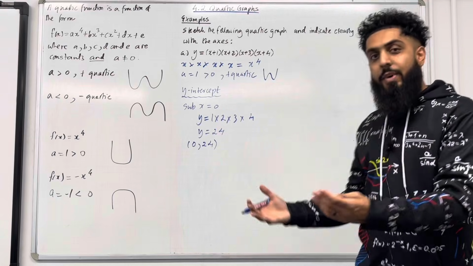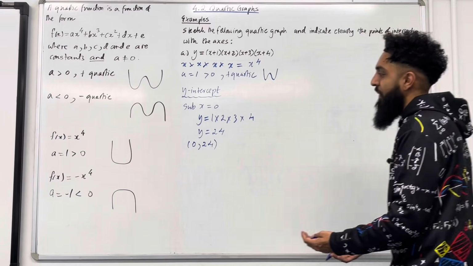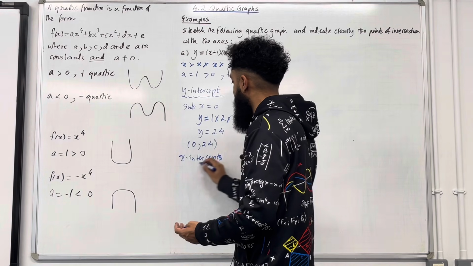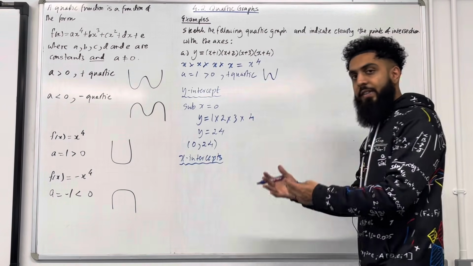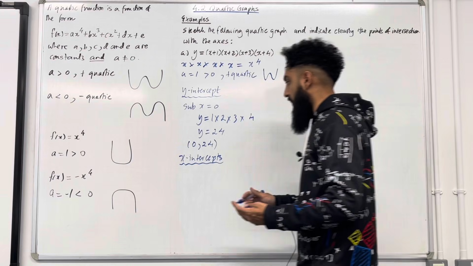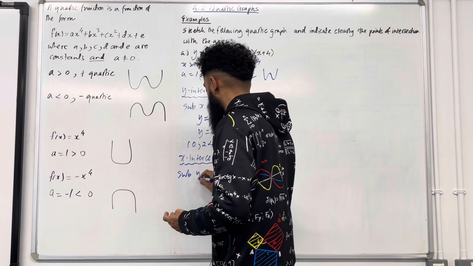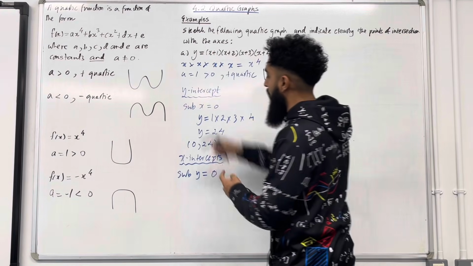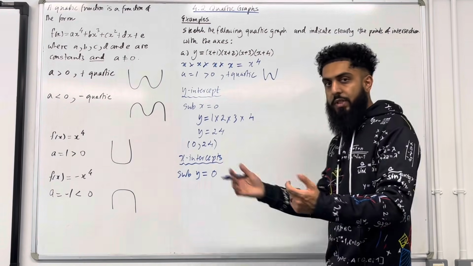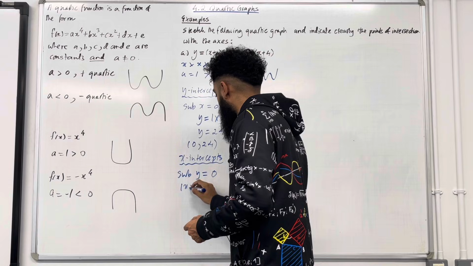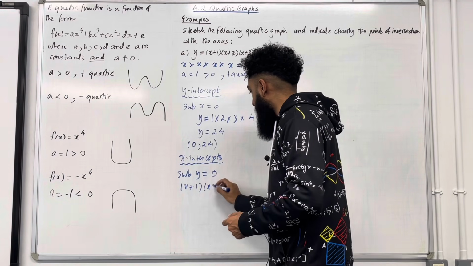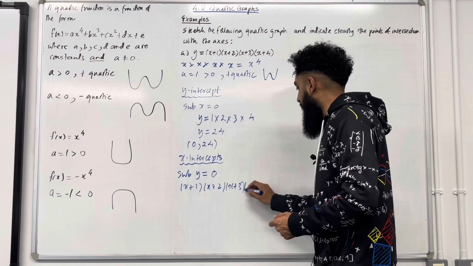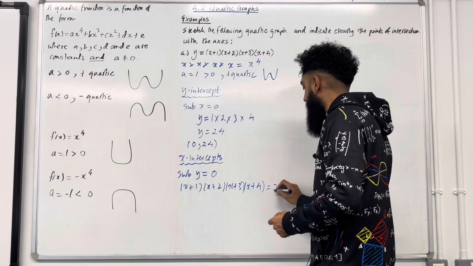Okay, so now I'm going to be working out the x-intercepts. In this case, I need to substitute y equal to 0. So if I go back to my original equation, I'm going to now replace the y with 0. So my equation reduces to x plus 1 in brackets, x plus 2 in brackets, x plus 3 in brackets, and x plus 4 in brackets equal to 0.